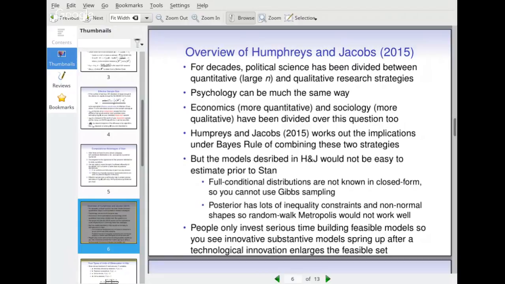It's just not going to give good answers with any finite number of draws from this posterior distribution. So, in terms of doing this in practice, Stan was a really important piece to that puzzle, to take these grand ideas and actually show how almost any researcher could do this using Stan.